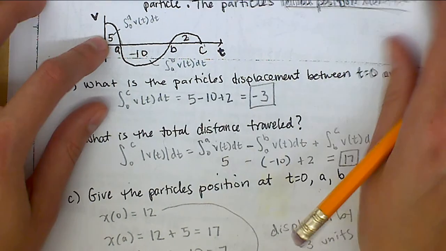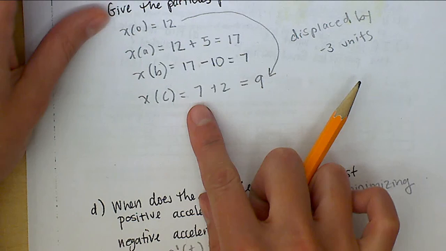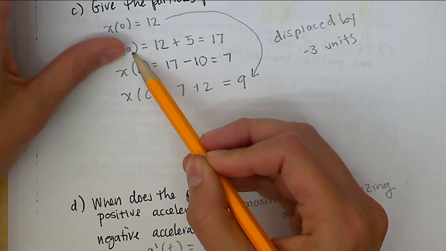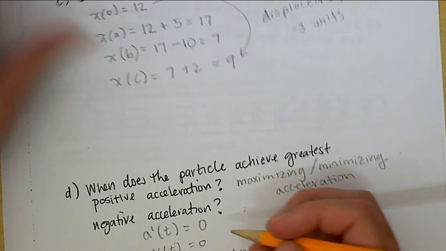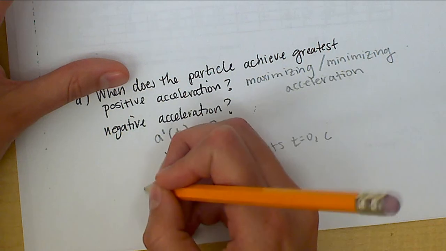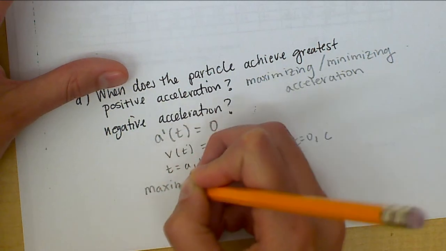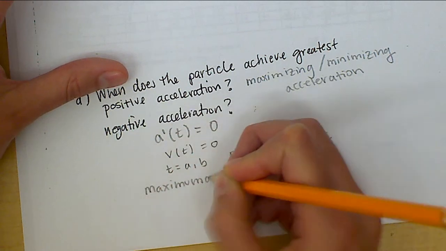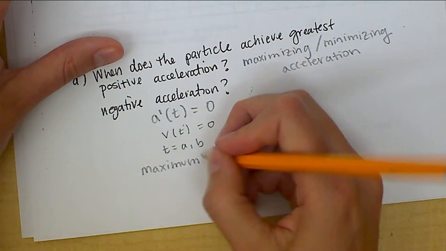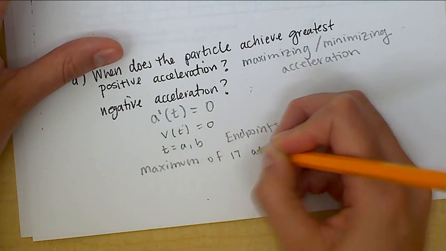We already did find all these values, so it is easy to see that our maximum is here at A and our minimum is here at B. So there's a maximum of 17 at t equals A.